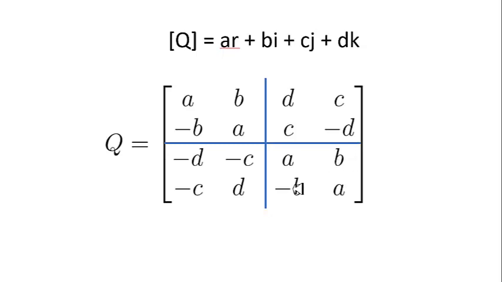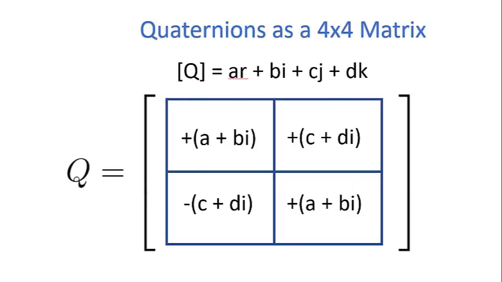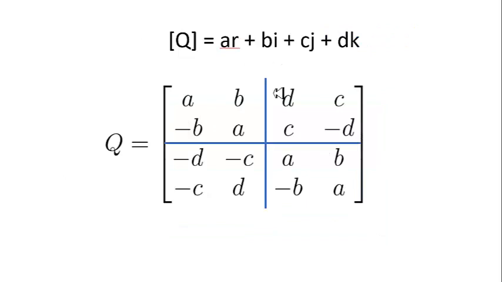So I originally said it would be nice if the big matrix is a complex number, and if each of these little ones is a complex number. And this turns out to be true for the forward diagonal, but it is not true for the negative diagonal, because this is not a complex number.